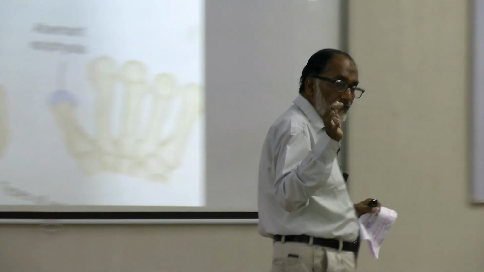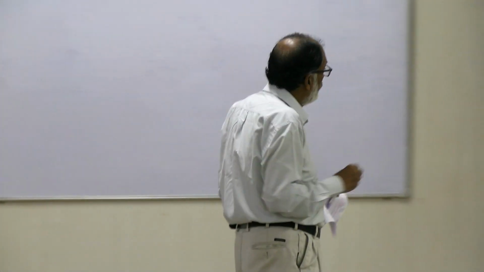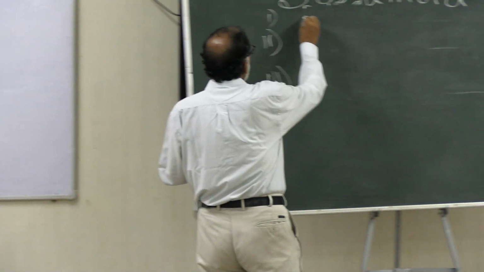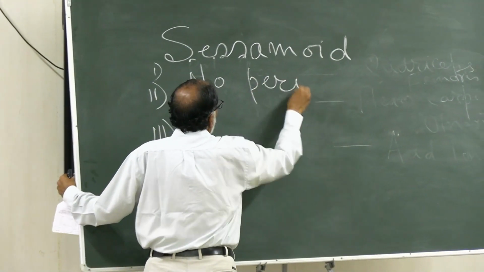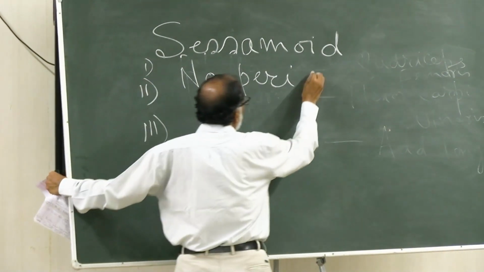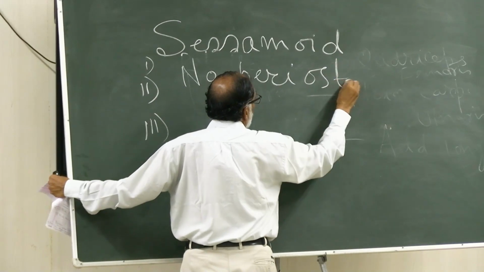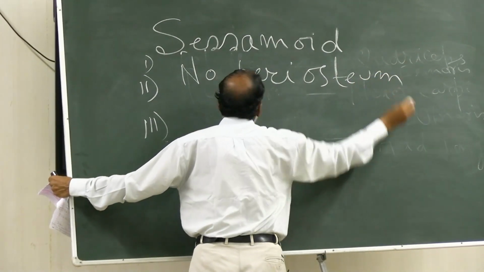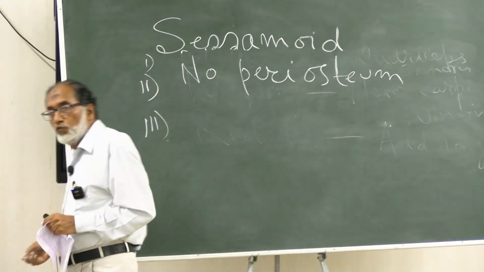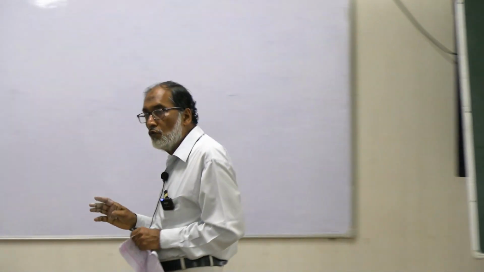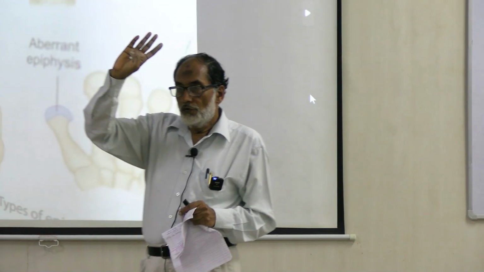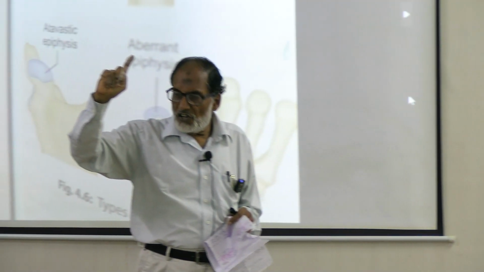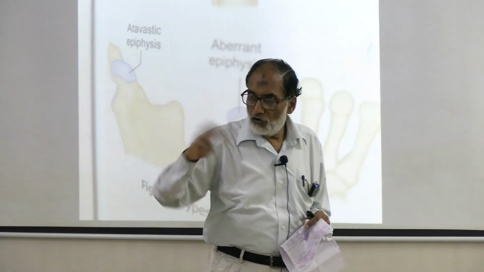Number 1, devoid of periosteum, or no periosteum. Number 2, no Haversian system. I will talk about it later.